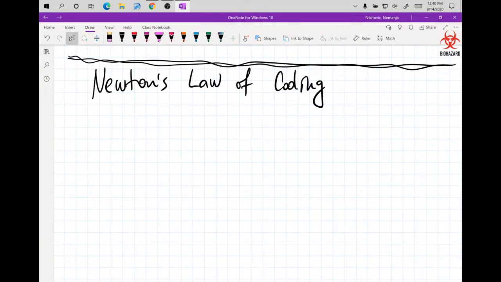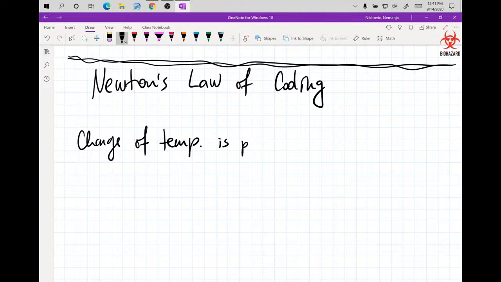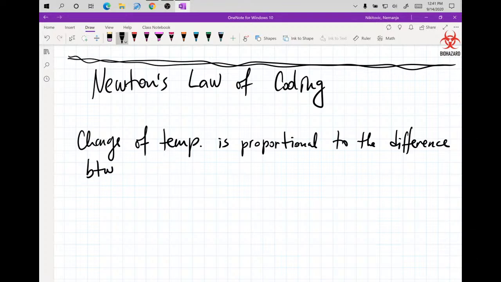states what? The rate of change of temperature of an object is proportional to the difference between its own temperature and the ambient temperature.